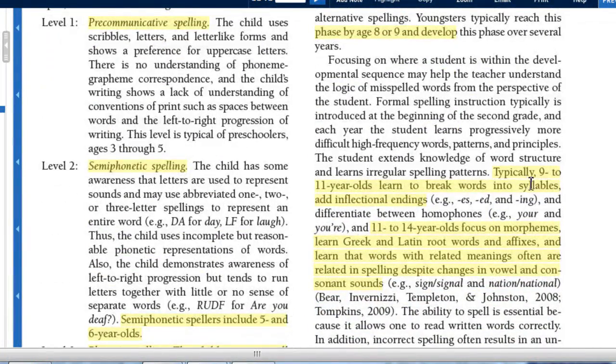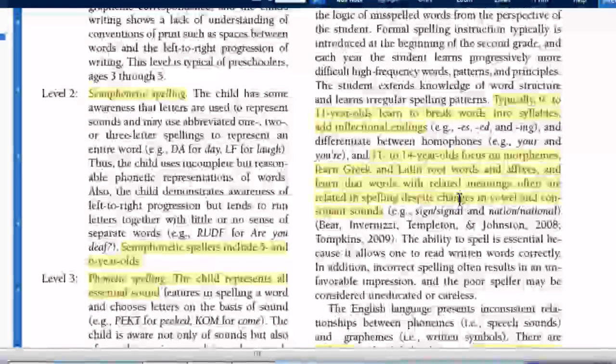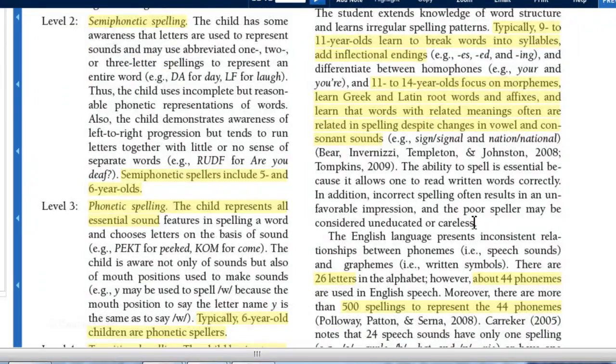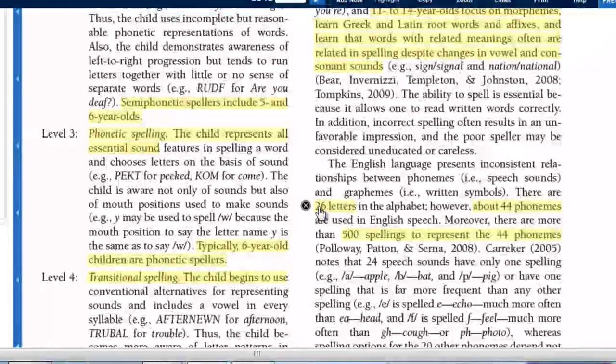And down here it says typically 9 to 11-year-olds will break words into syllables and add inflectional endings like the EDs and ESs and INGs. And then by the time they're 11 to 14, they can do more of the morphemes, the endings, stuff like that. Okay. This is kind of interesting down here. The 26 letters make 44 phonemes, those sounds.